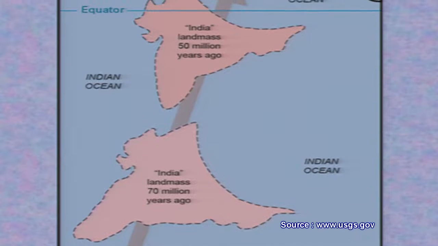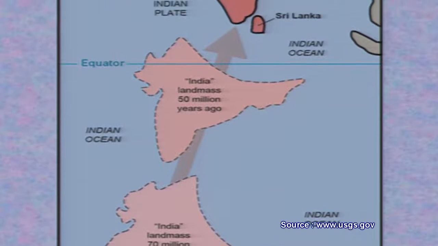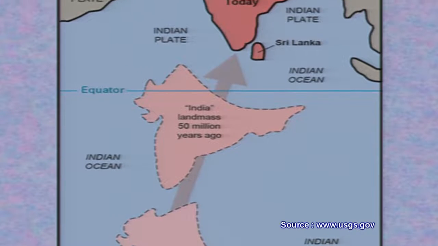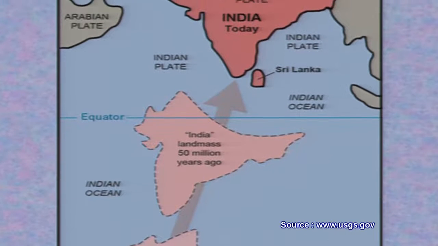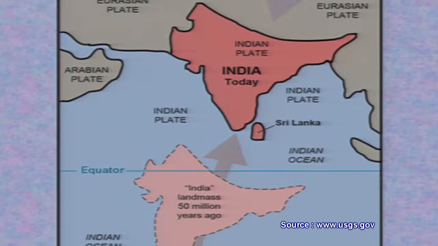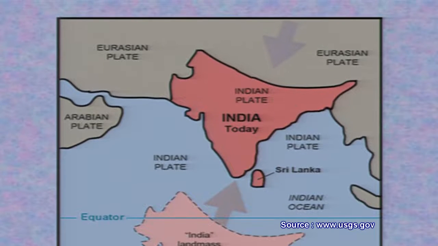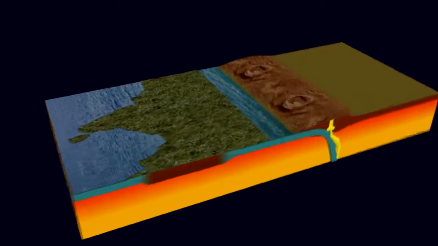Now this shows the movement of Indian peninsula towards the north. As the arrow indicates, the movement is taking place right from south towards north, and the present position of India is shown by dark pink color. This is again gradual movement.